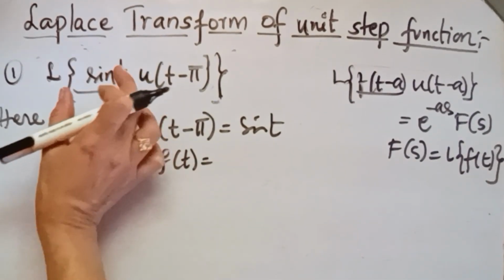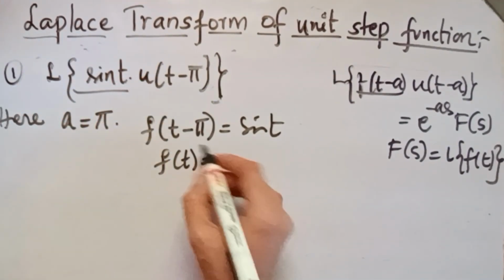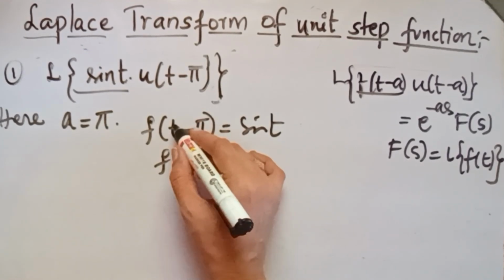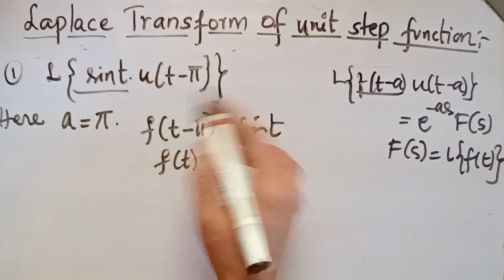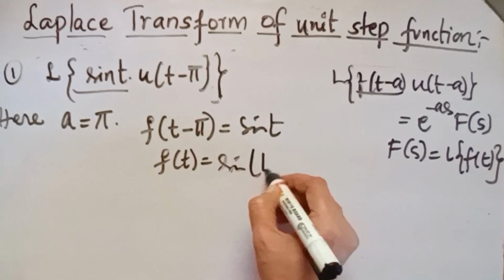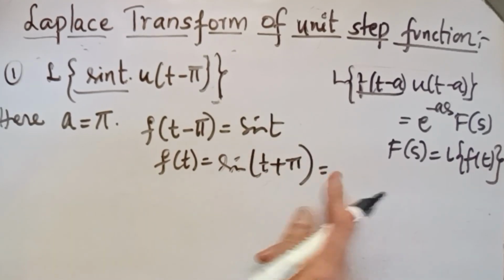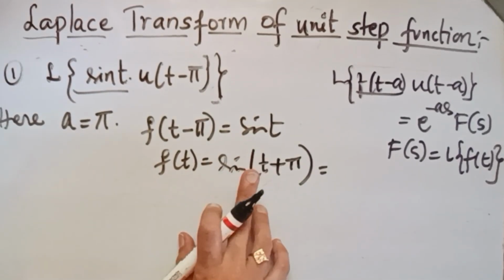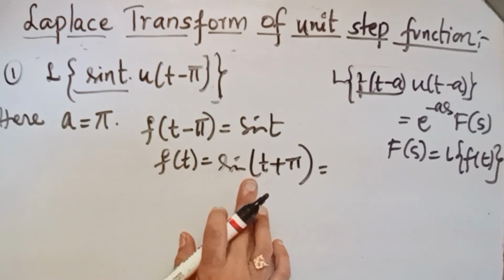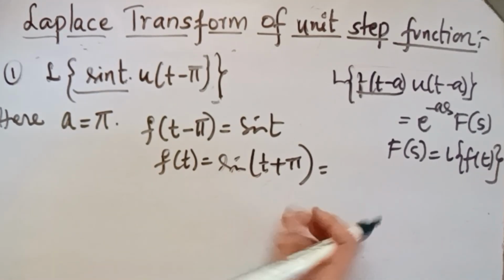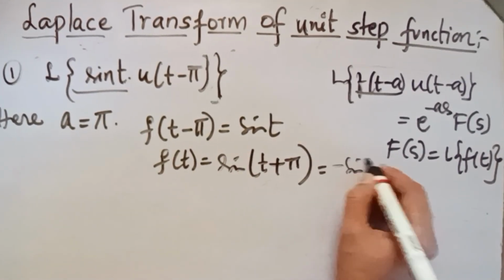This is f of t minus pi, not f of t. So replace t by t plus pi. So t plus pi minus pi cancels, you will get f of t, sin of t plus pi. So sin of 180 plus theta, in the third quadrant, it is minus sin theta. So it is minus sin t.